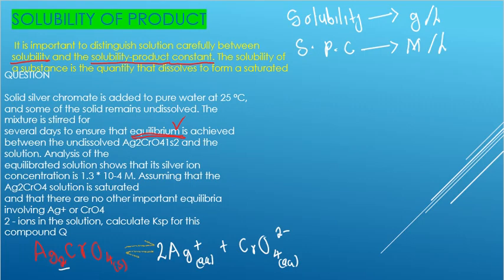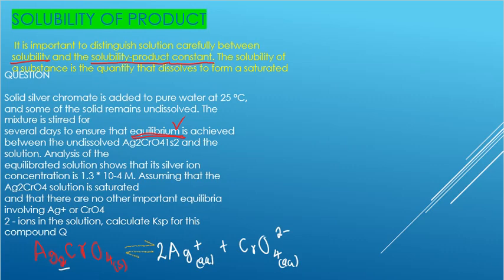So from here now we can write our equilibrium constant, our solubility product constant. How is the solubility product constant going to be? Very simple. We use the same concept. We're going to have our K equal to the product of silver ion raised to the power 2, and then we're going to have our chromate.